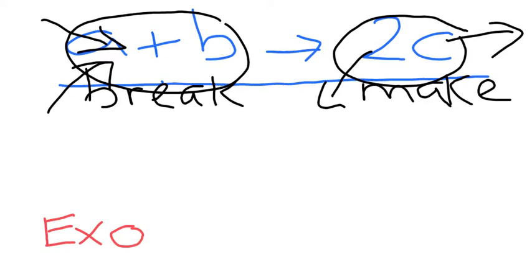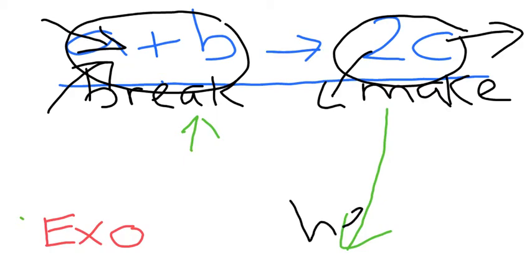In the case of an exothermic reaction, a small amount of energy goes in to break the bonds of the reactants. However, when the new bonds in the products are made, a large amount of energy is released. We see this large amount of energy as heat.